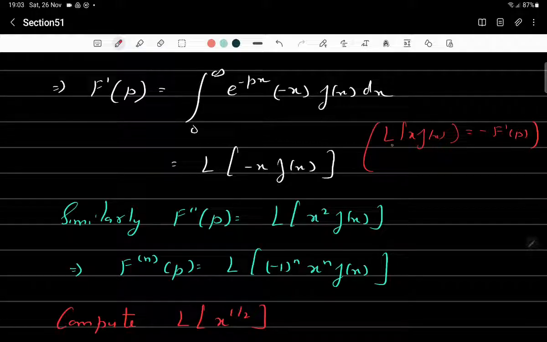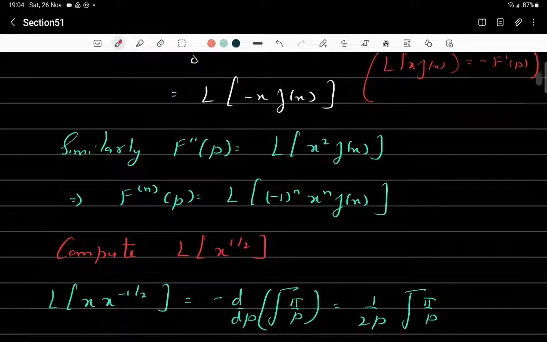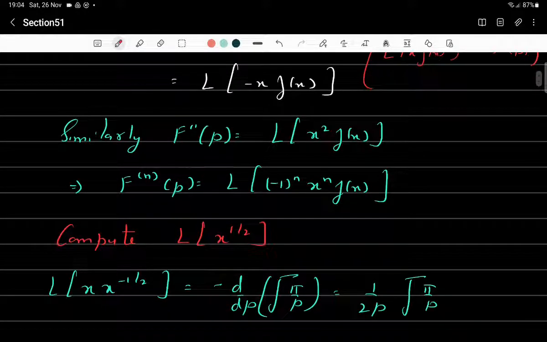It means if you see it as Laplace of x f of x, so x times 1 by root x, which is minus d by dp of Laplace of 1 by root x, which is root pi by p, and that gives you Laplace of root x is 1 by 2p root pi by p.